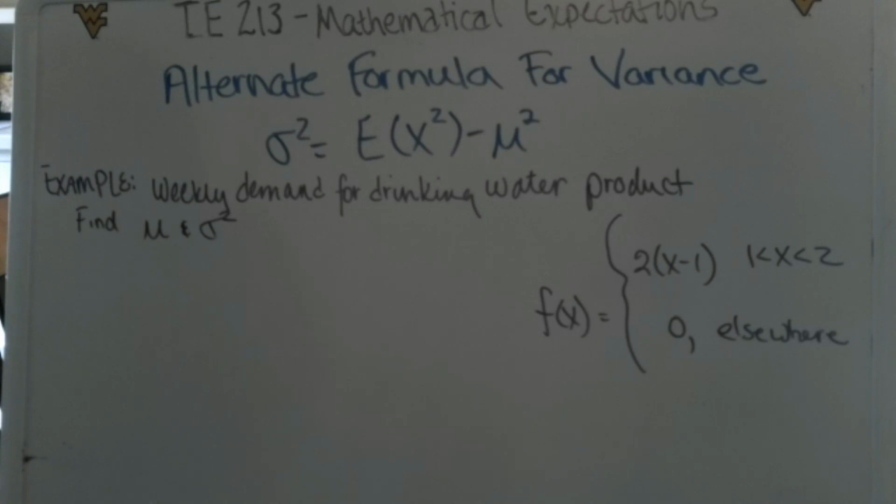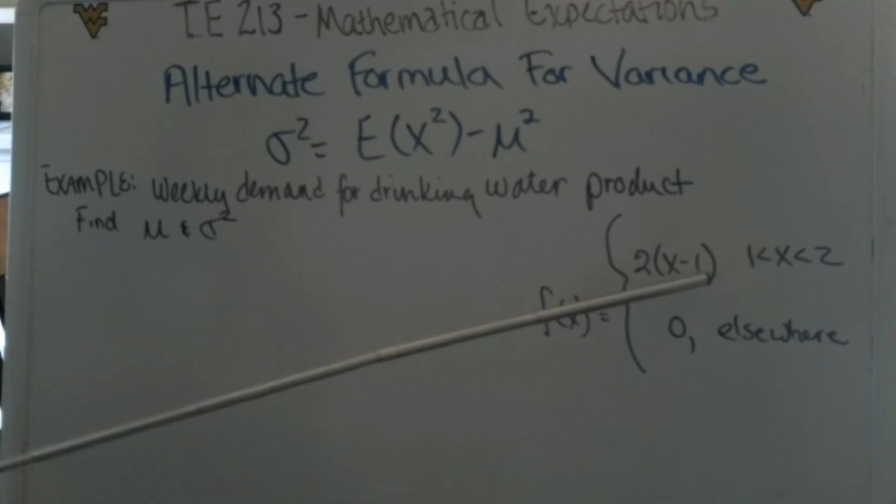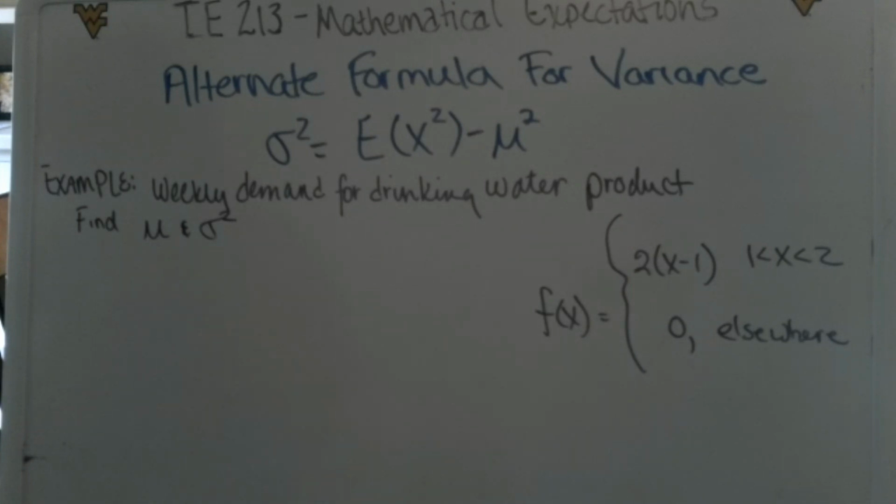The weekly demand for a drinking water product in thousands of liters from a local chain of efficiency stores is a continuous random variable x having the probability density function f of x of 2 times x minus 1 when x is between 1 and 2 and 0 everywhere else. So we want to find the mean and variance of x, so mu and sigma square.